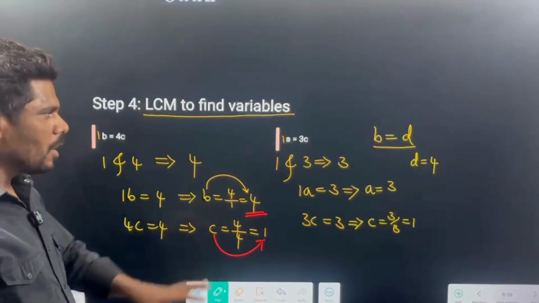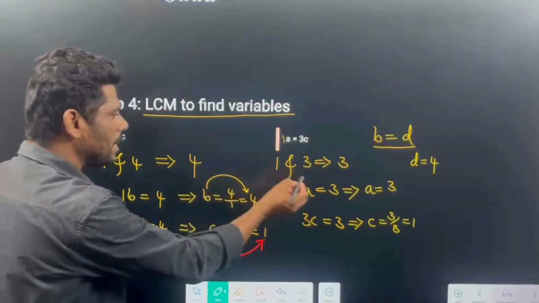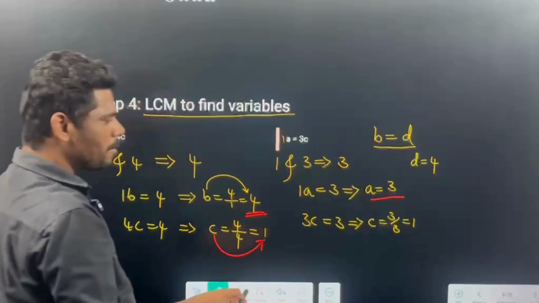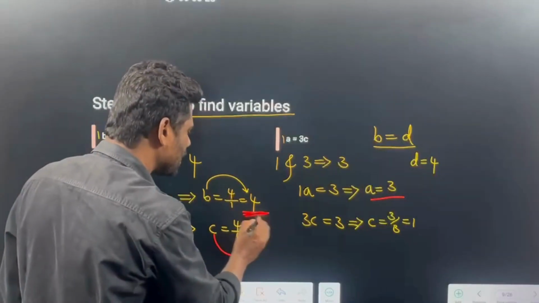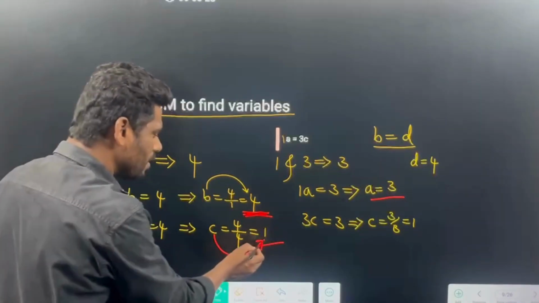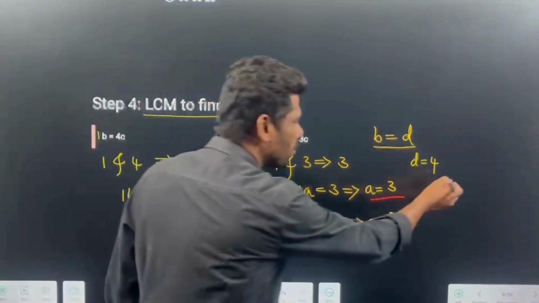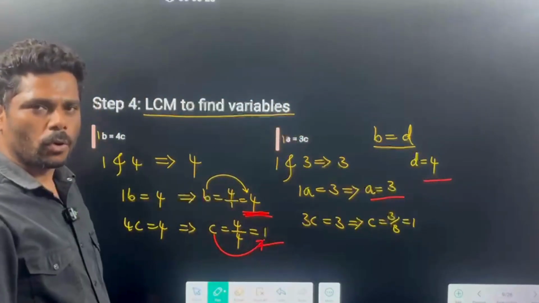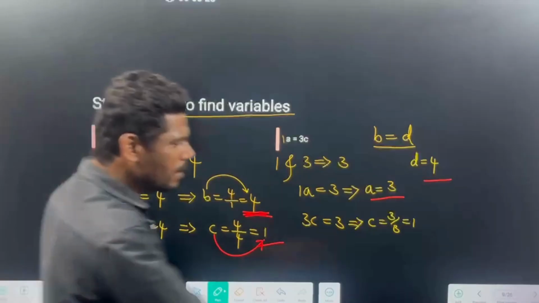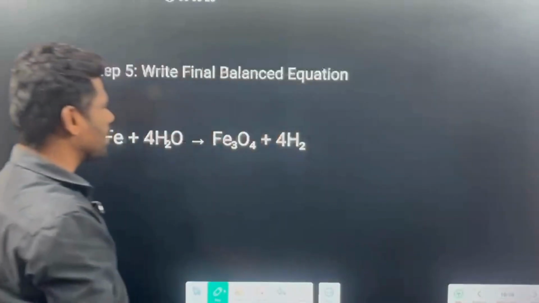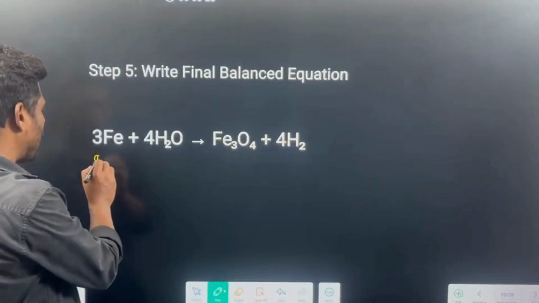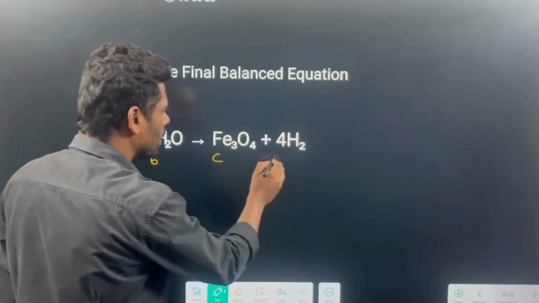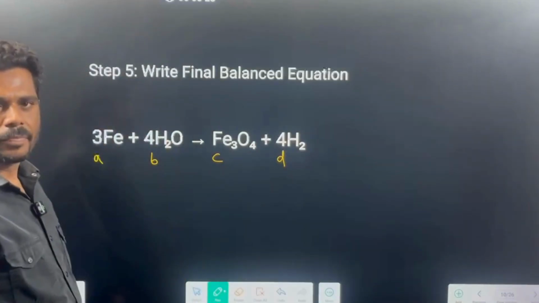Now we have A equals 3, B equals 4, C equals 1, D equals 4. If you plug these values into the equation, we will get the finally balanced equation easily.